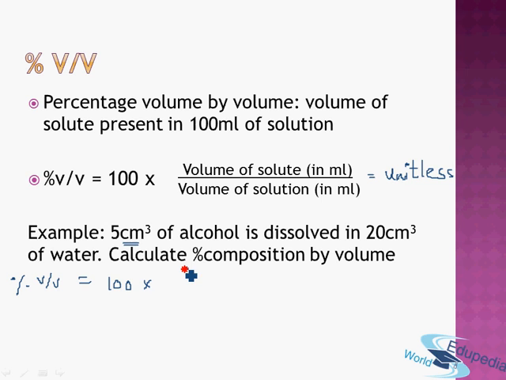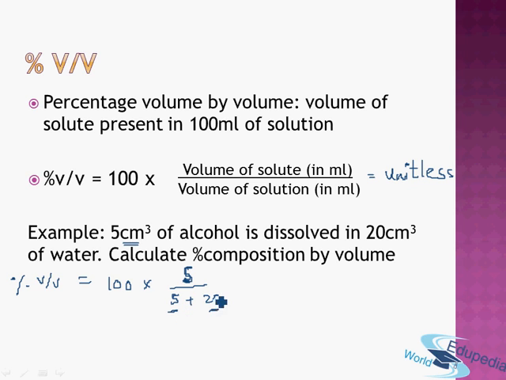So percentage volume by volume is the volume of alcohol with respect to the volume of solution. Here V by V represents the volume of solute with respect to the volume of solution. So 5 divided by the volume of solution, which is 5 plus 20, since solute plus solvent gives me solution.